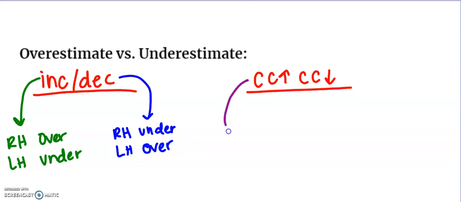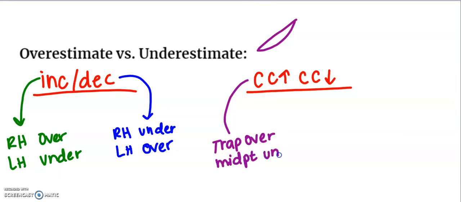For concavity, if your function was concave up and you cut across a trapezoid, the trapezoid is going to be a little too big, while the midpoint is a little too low, because the middle that you would choose, this area that you're missing, is not going to be overcome by that area. So in our last one would be concave down.